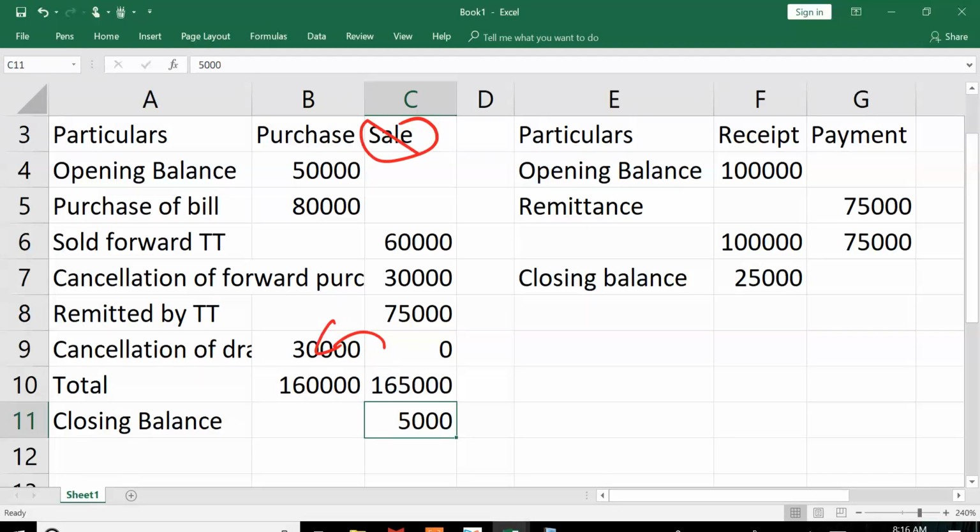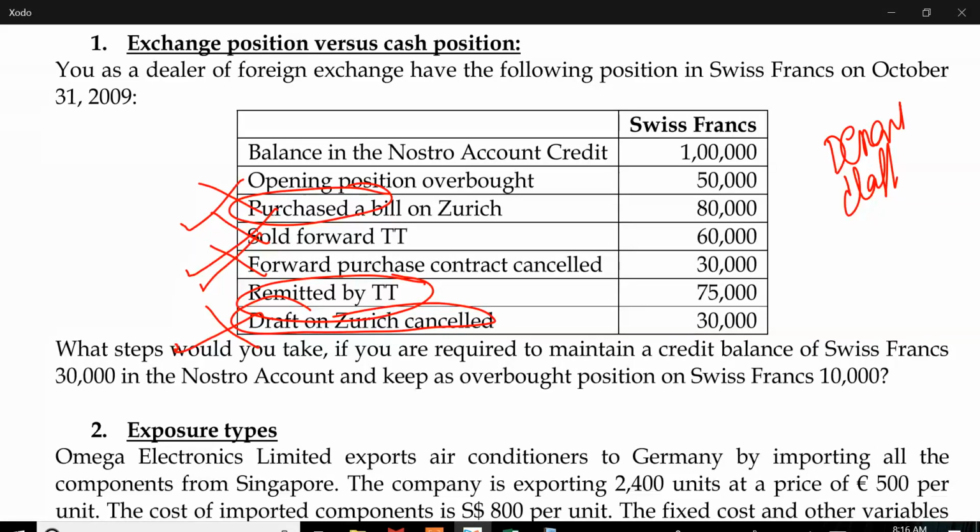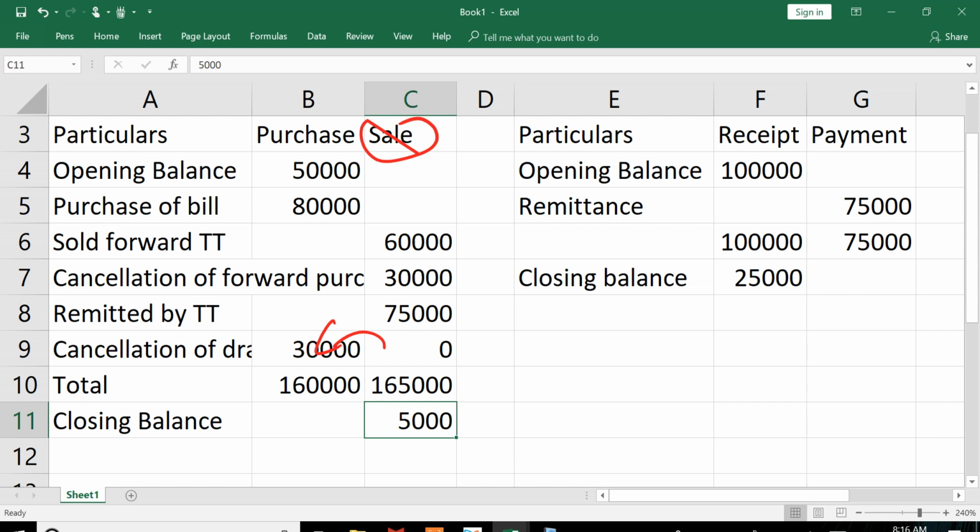Any doubts till now? Now what is the requirement? How much balance do you want to maintain? You want to maintain a balance of 30,000. Listen, spot, like you had an opening balance. If you have a balance in the purchase side, it's called overbought. If you have a balance in the sales side, it's called oversold.